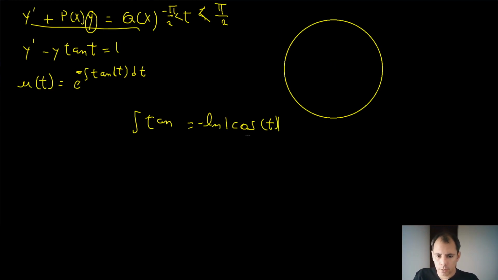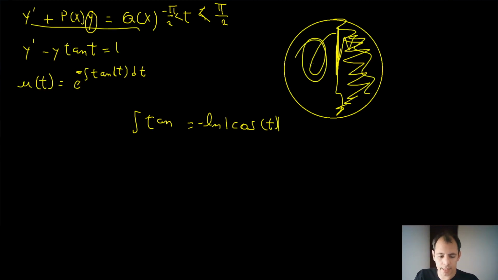So the cosine of t has to be positive. Where is the cosine of t going to be positive? In this half of the circle. Everything here is negative, but you cannot have the negative because e elevated to whatever cannot be negative. It has to be positive.